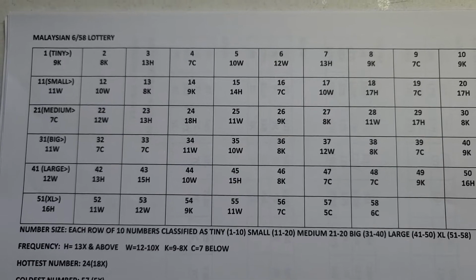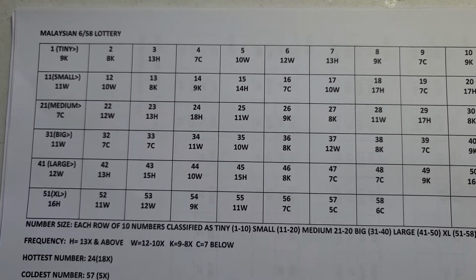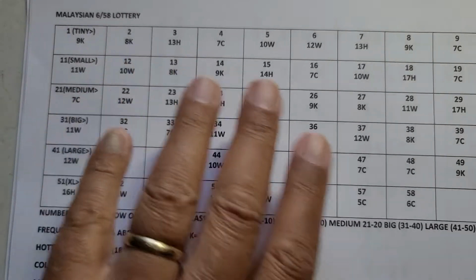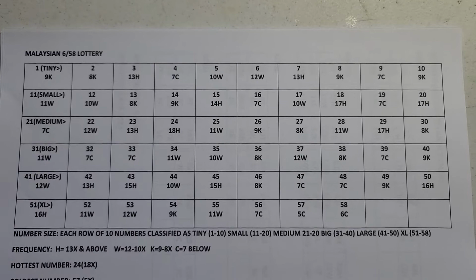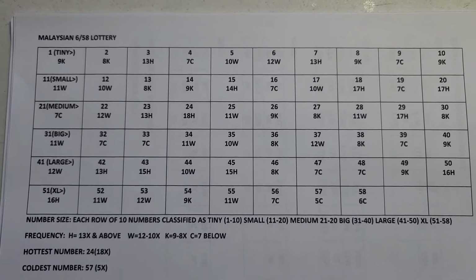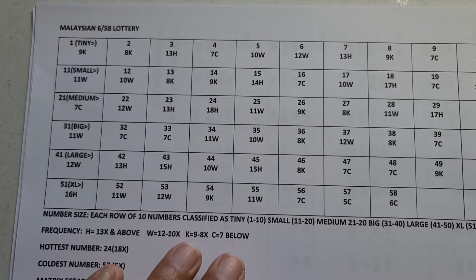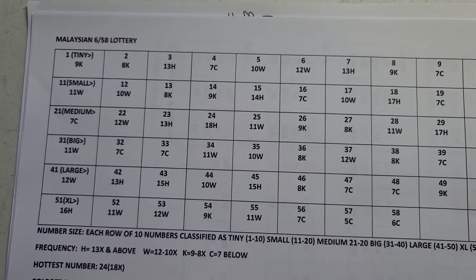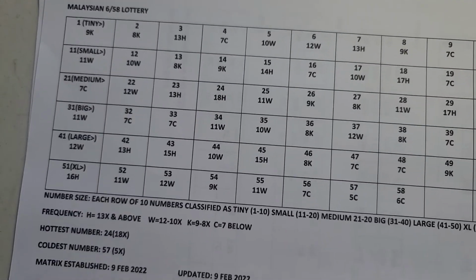Okay, so 600 numbers were at play in the last 100 draws, and this is the chart that represents the frequency and the size of the numbers. Okay, so this is a very important document. This gives you a lot of information to begin analyzing the numbers.